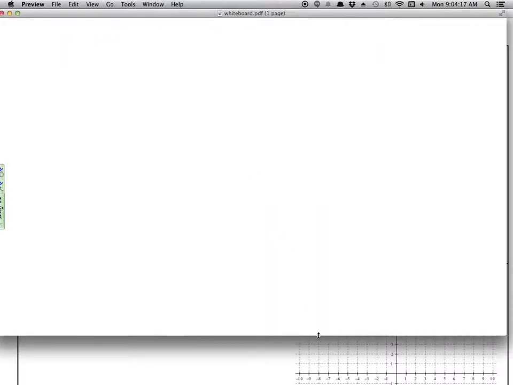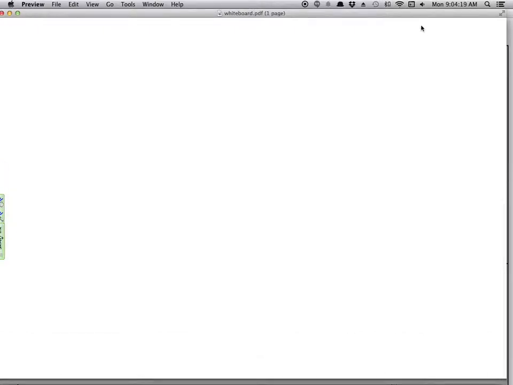All right, anybody know anything about a compound interest problem? There are two formulas we're going to use when we're dealing with compound interest. The first one is A equals P times 1 plus r over n to the nt, and the other one is A equals P e to the rt.